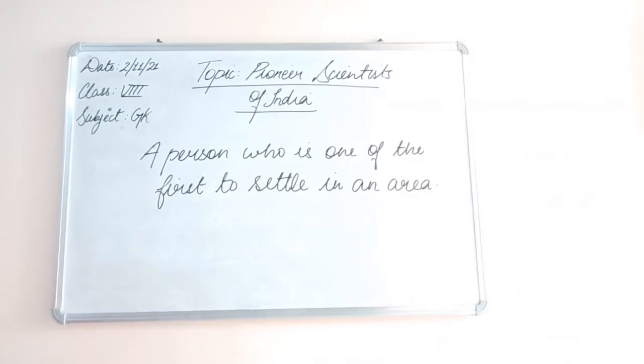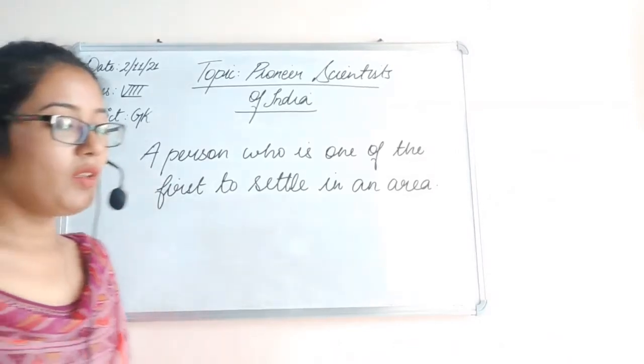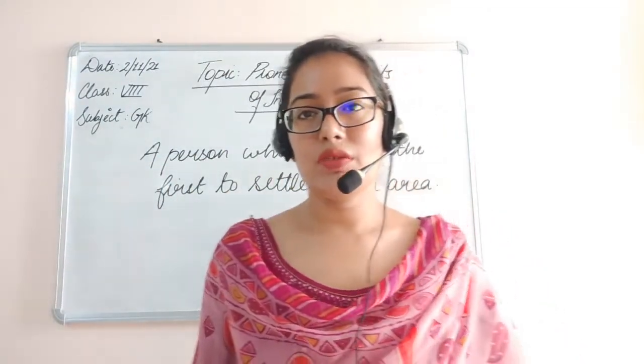I hope you have understood what pioneer means and how pioneer scientists of India we are going to deal with. Okay, I hope all of you have taken down the screenshot.